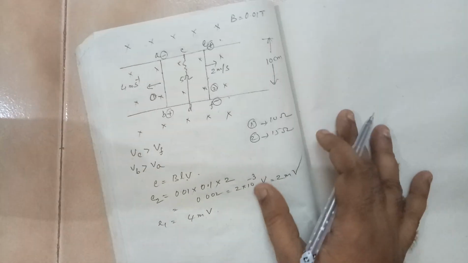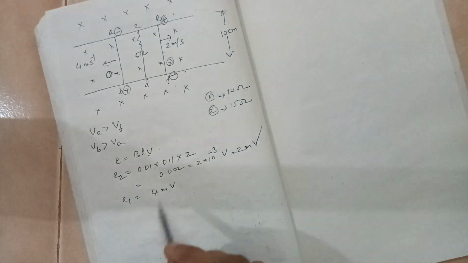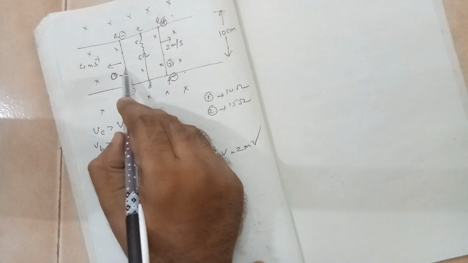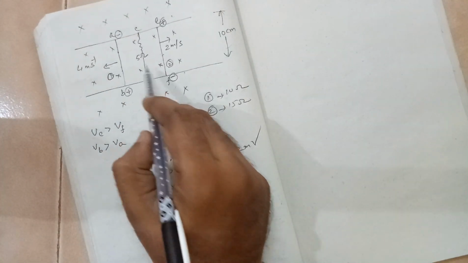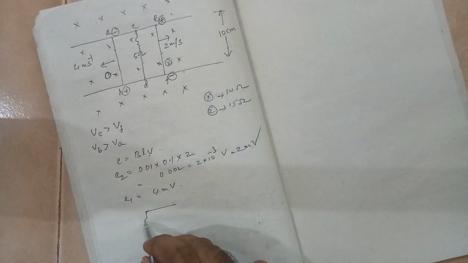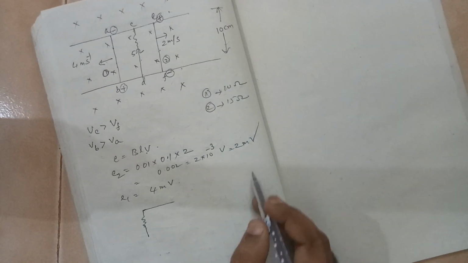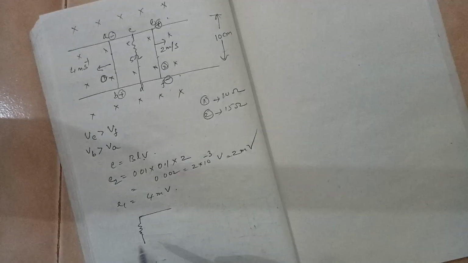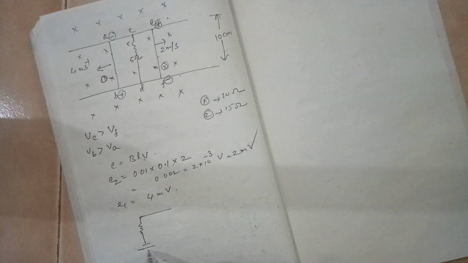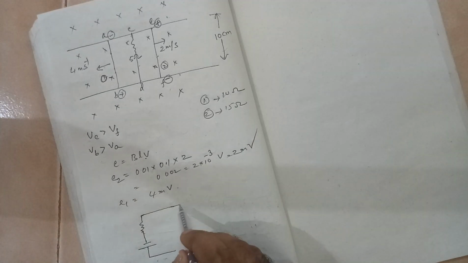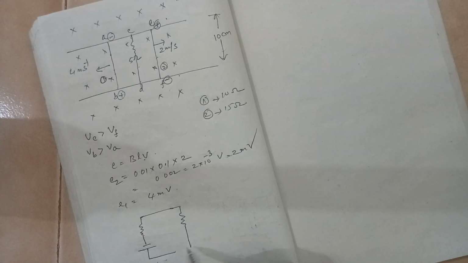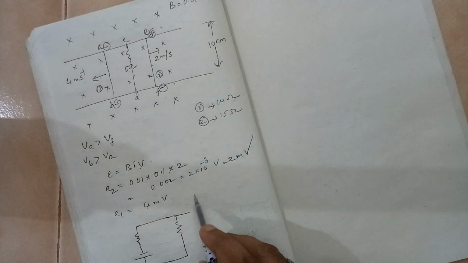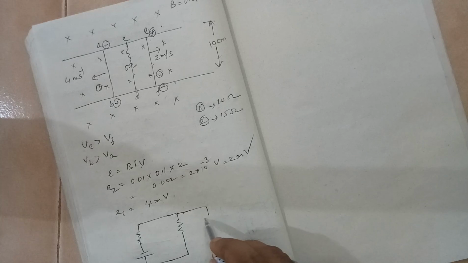So now we need to draw the diagram. It will look something like this. The resistance of this wire and this wire is given, so we need to draw that. Because the positive terminal is on this side, it will be like this, and here there is a 5 ohm resistance, and here the positive terminal is this side, so it will be like this.